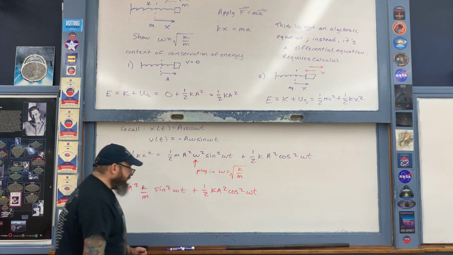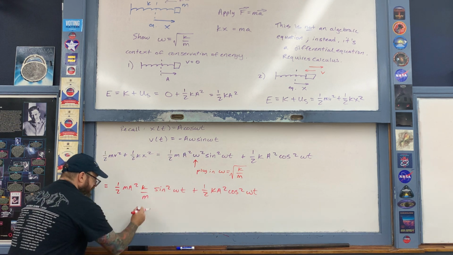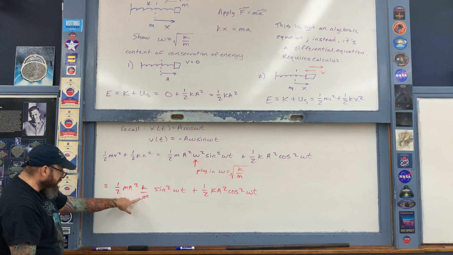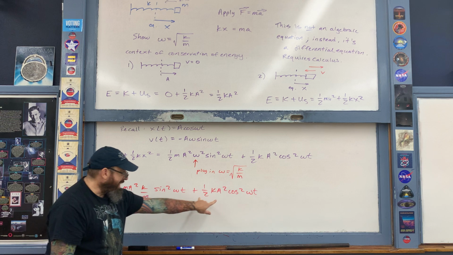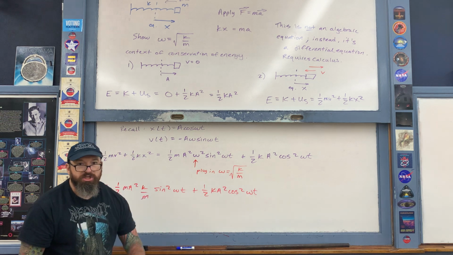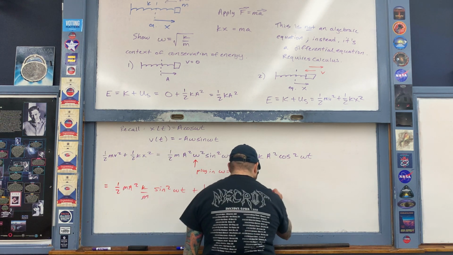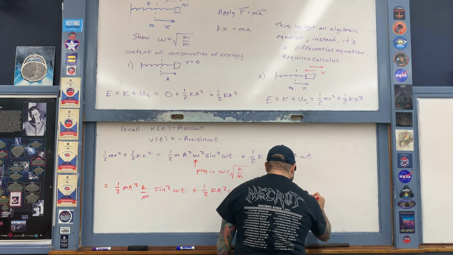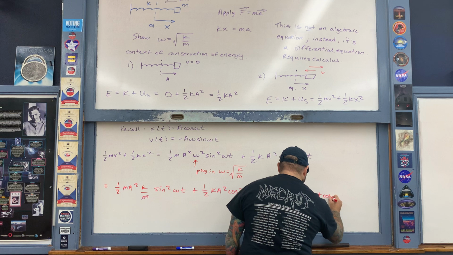And now notice in the first term that the m's cancel out here and here, and now I have the following coefficients, 1/2 ka squared and 1/2 ka squared. So I can factor them out, like so.